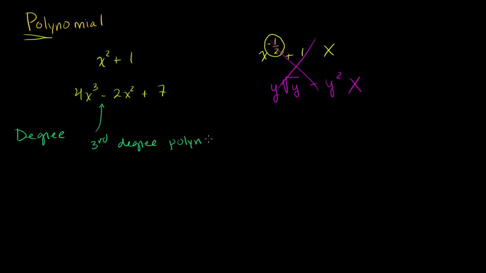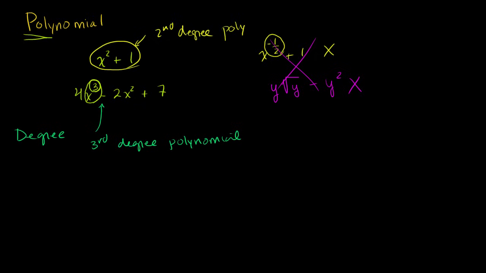Now, why is that? Why is that a third degree polynomial? Because the highest exponent that we have in there is the x to the third term. So that's where we get it's a third degree polynomial. This right here is a second degree polynomial. And this is the second degree term.